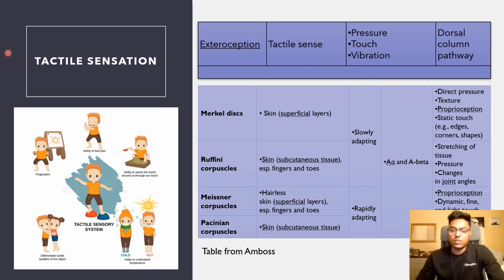It is also important to recognize the categorization known as adaptation, which is basically how quickly the receptors are able to respond to the sensory stimuli. They can be categorized into two, the slowly adapting and the rapidly adapting, as you can see from the table. This is important when we are talking about the different kinds of touch sensation that we are receiving, that is, static touch versus dynamic fine touch.